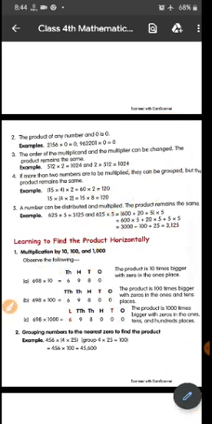Example: 2156 multiplied by 0 gives us 0. 9,63,201 multiplied by 0 gives us 0.